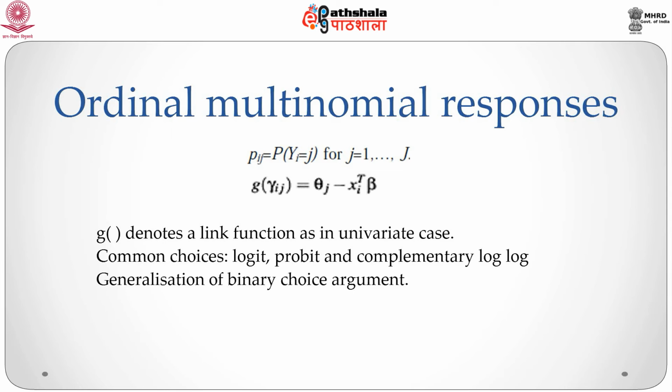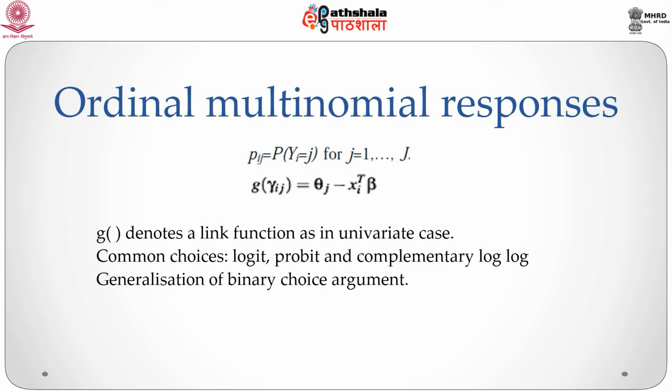Note that this is only meaningful because the categories are ordinal. Now the cumulative probabilities are of course non-decreasing and they are invariant to combining adjacent categories. Also gamma_J is equal to 1, so we only need to model gamma_1 to gamma_(J-1).